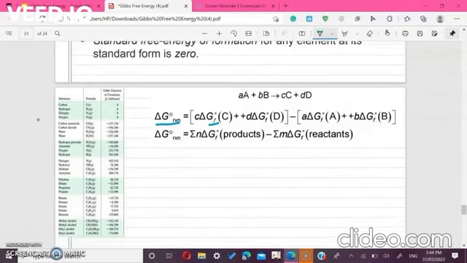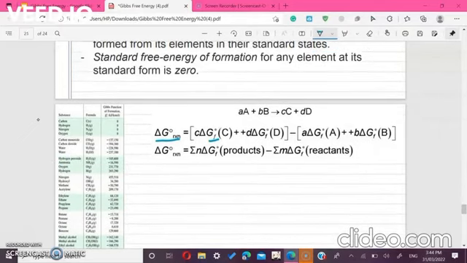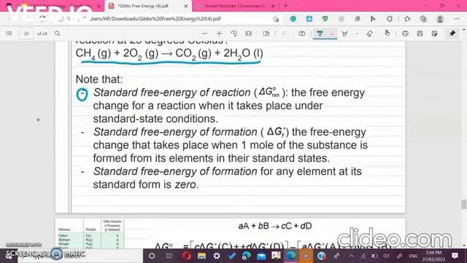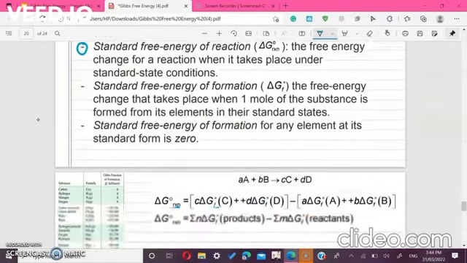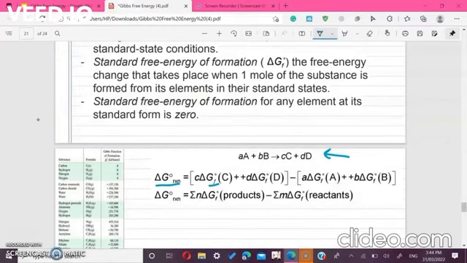To solve this question, we can write this reaction in this form, where the lowercase letters represent the number of moles and the uppercase letters represent the substance.